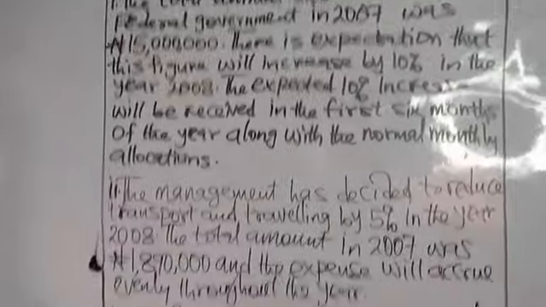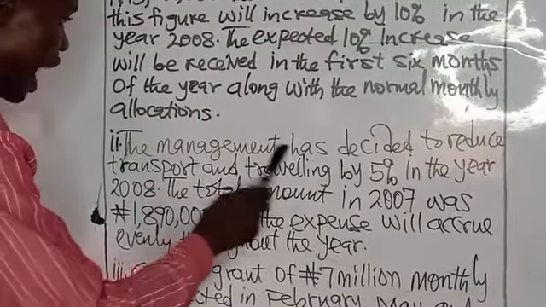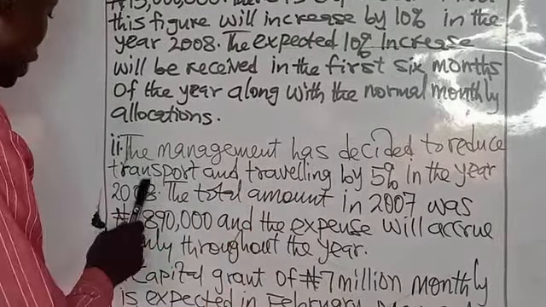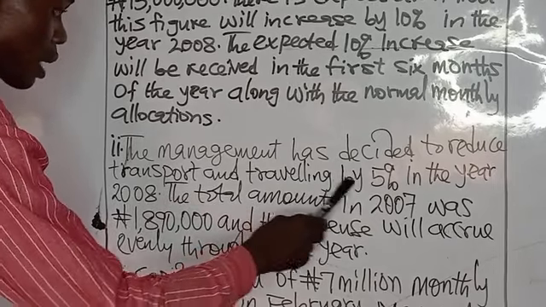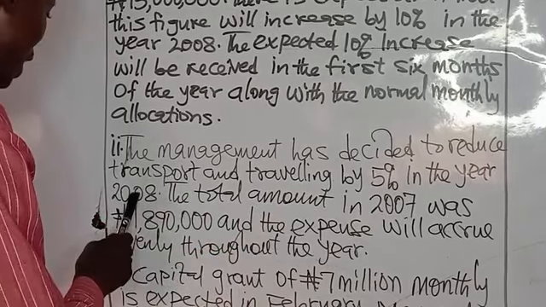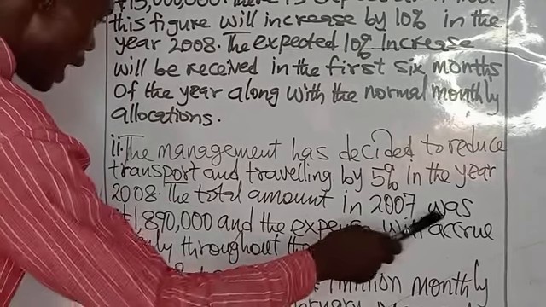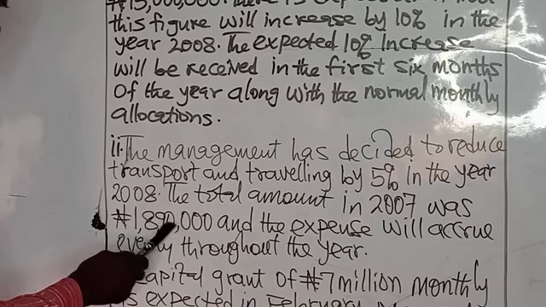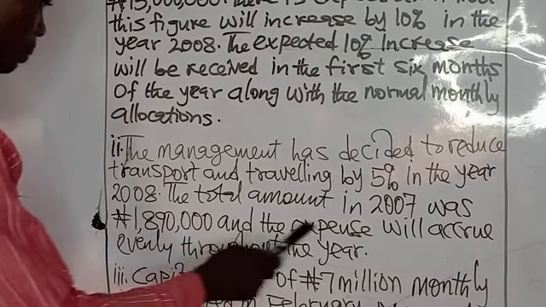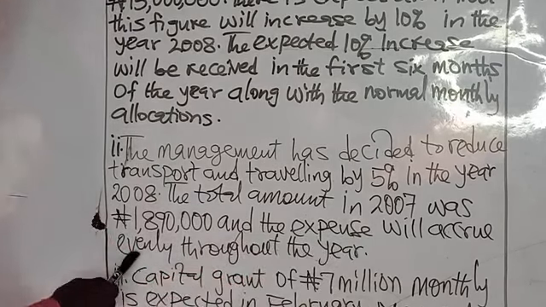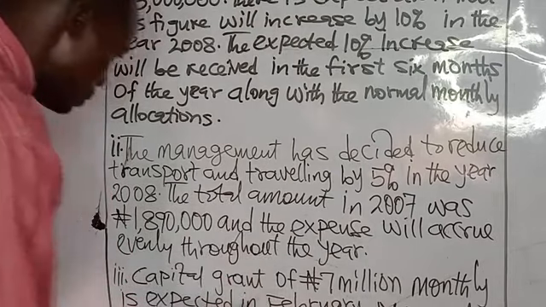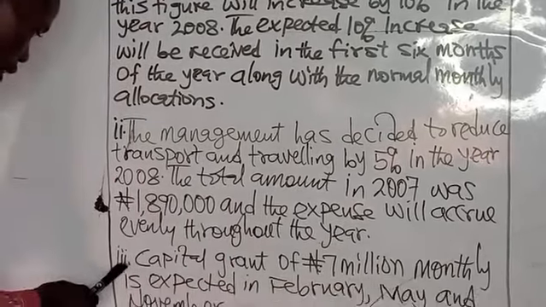Note 2. The management has decided to reduce transport and traveling by 5% in the year 2008. The total amount in year 2007 was 1,890,000 naira, and the expense will accrue evenly throughout the year. Note 3.